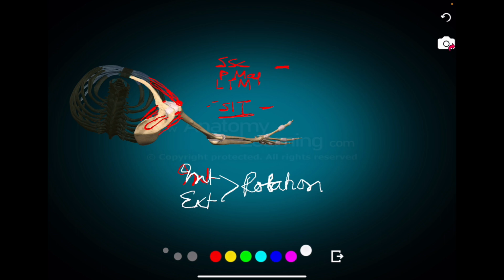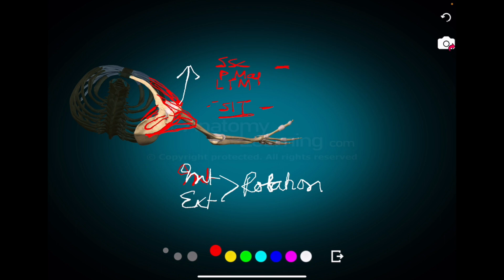And now all muscles: the pectoralis major will flex. The deltoid, arising from the lateral side of the anterior border of the clavicle, the acromion process, and the spine of scapula, is attached to the deltoid tuberosity like this.